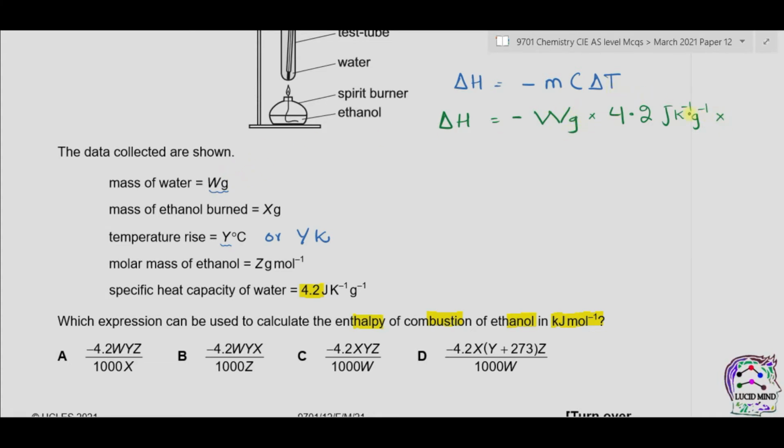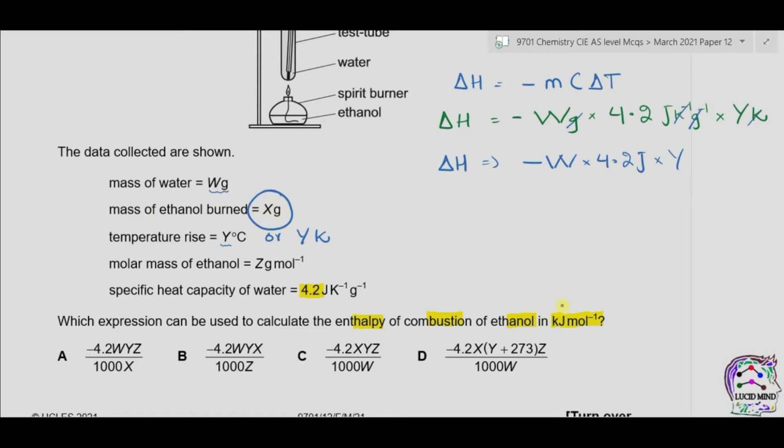Change in temperature is going to be in Kelvin, so we can write Y Kelvin. Now we can cancel grams with per gram, per Kelvin with Kelvin, so we have minus W into 4.2 joules into Y. Now this shows the energy that is released by burning X grams of ethanol.